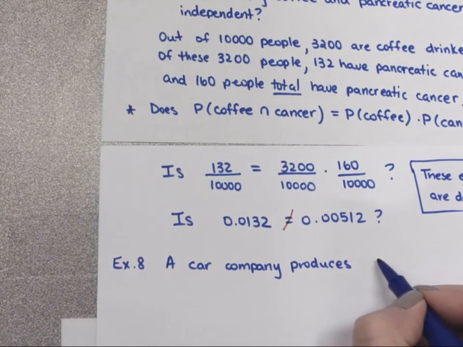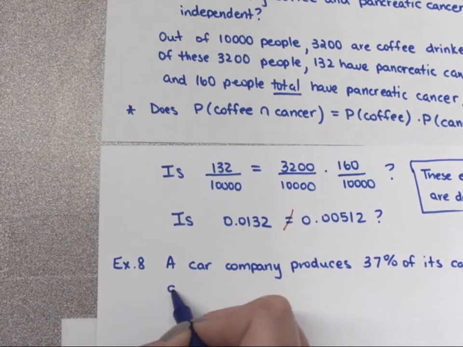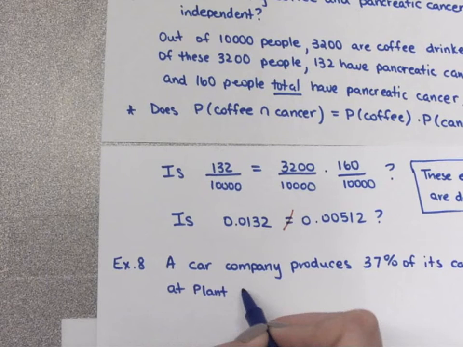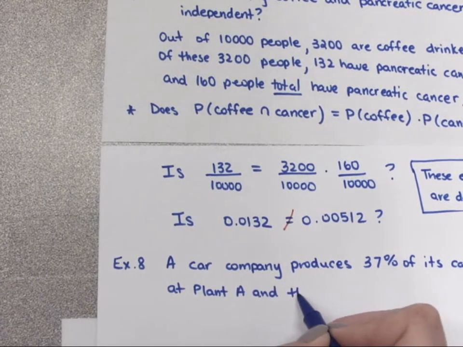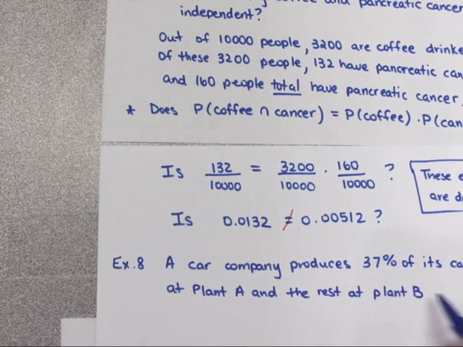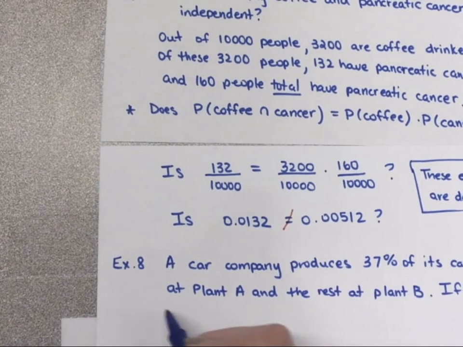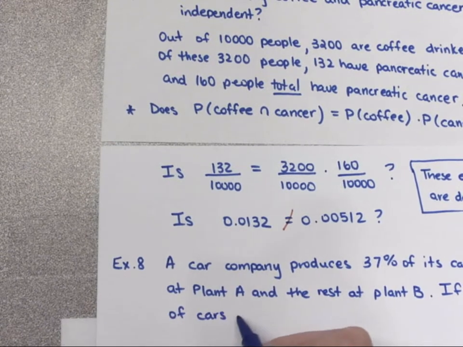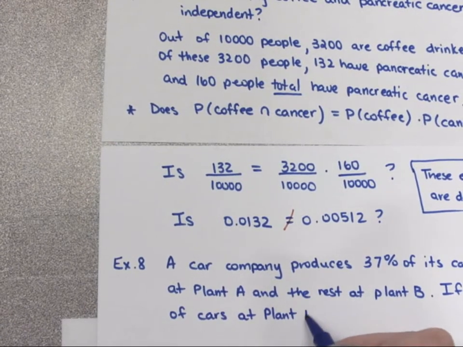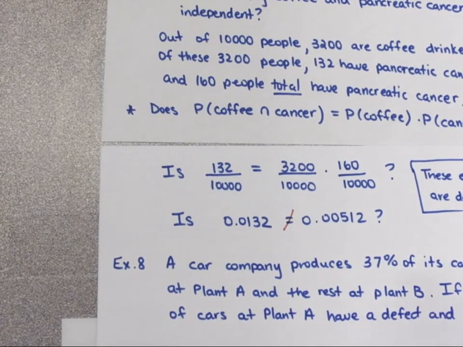So let's say a car company produces 37% of its cars at plant A, and the rest at plant B. If 5% of the cars at plant A have a defect, and 4% of cars at Plant B have a defect.